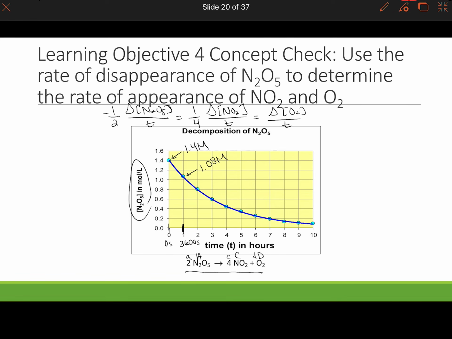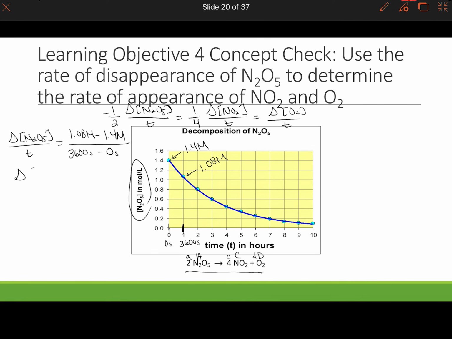So our actual change in N2O5 concentration is equal to our final concentration minus our initial concentration, divided by our final time minus our initial time.